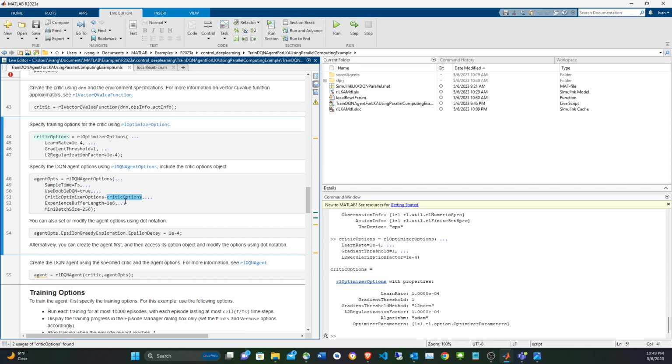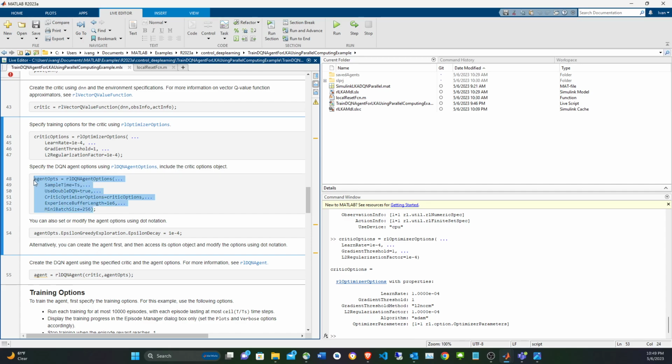So we pass the critic options, the experience buffer length, and the mini batch size. This is to get the experiences that are going to be used, how many experiences you're going to use to do the training on the network.